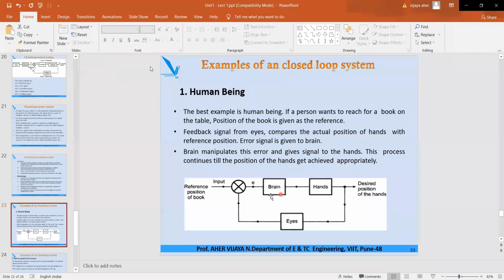The brain is activated, controlling the action, that is the process, and that process happens at the desired value, that is the desired position of the hands. So can you explain? Anybody from your side? This is the best example of closed loop system.